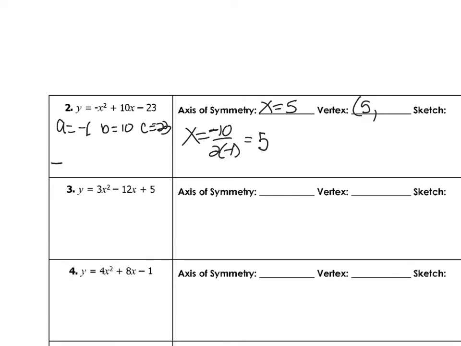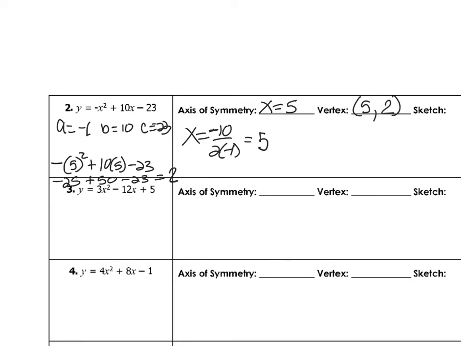It's going to be negative parentheses 5 squared plus 10 times 5 minus 23. So that's -25 plus 50 minus 23, which is -25 and 50 is 25, minus 23, so it's 2.